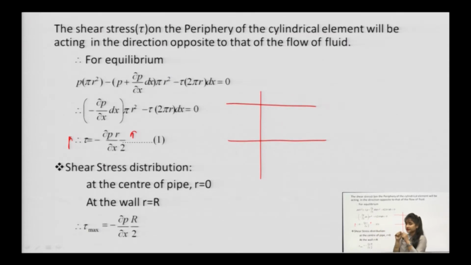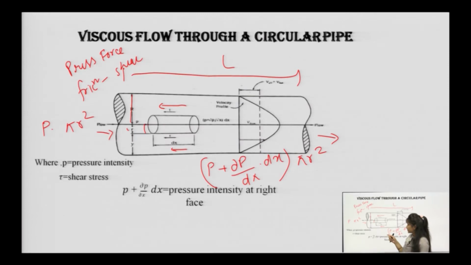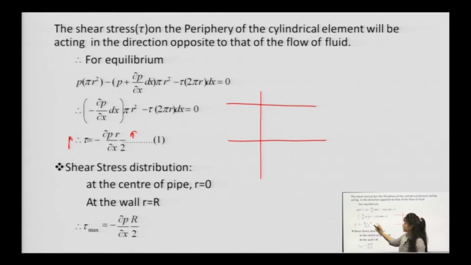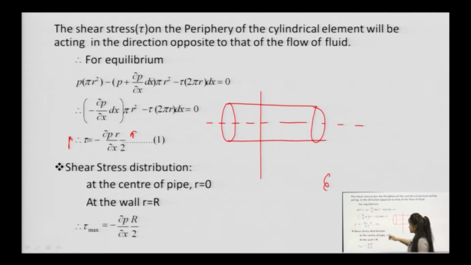Here r is measured from the center of the pipe. As the distance from the center of the pipe increases, shear stress also goes on increasing. So if this is the central axis of the pipe, then from this point the shear stress is linearly variable in corresponding directions.